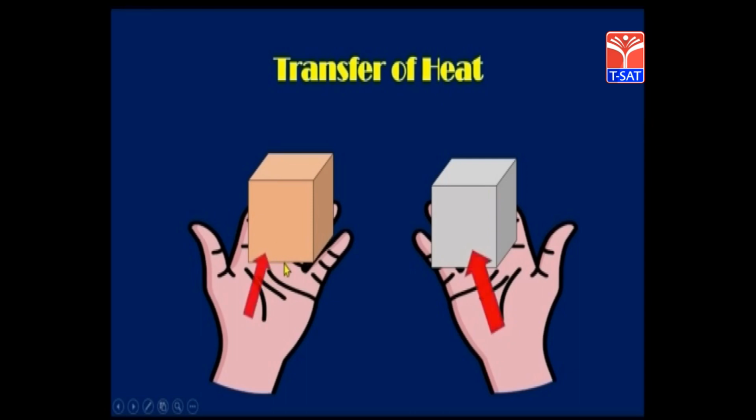Okay, children? Which means the metal block is receiving more heat from our hands. That is why we feel more cold. We feel iron block or metal block is more cold. And the wooden block is taking less heat from our hand. So it appears to be less cold compared to the metal block. So this is how transfer of heat is taking place, children.